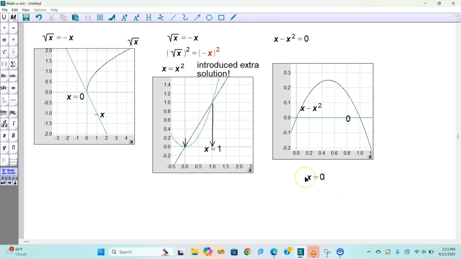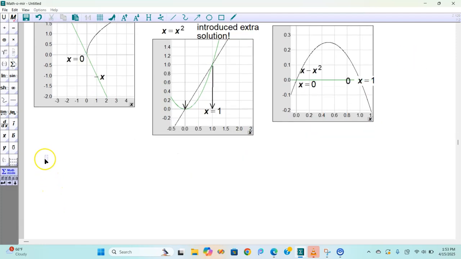And notice that x equals 0 is still present as a solution at this stage. But that x equals 1, that extra solution that's introduced back here, is still present too. It hasn't gone away. Now remember we have x minus x squared equals 0. So I'm going to pull an x out and then leave 1 minus x equals 0.